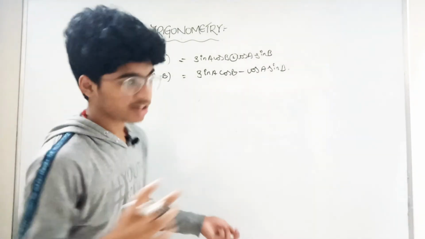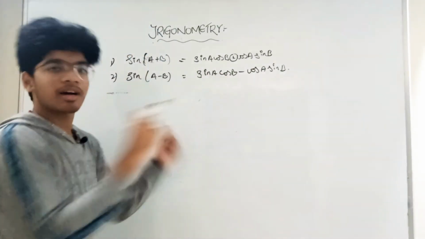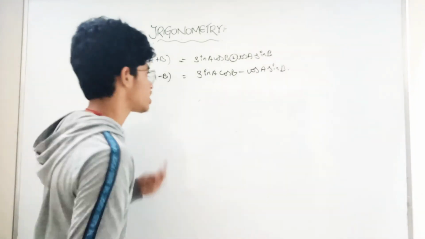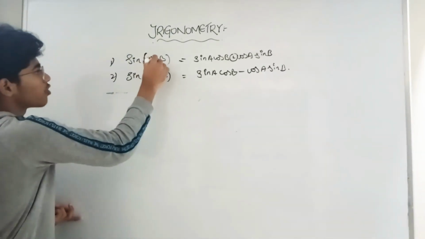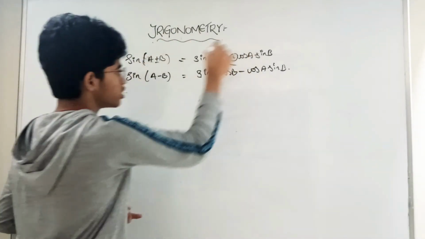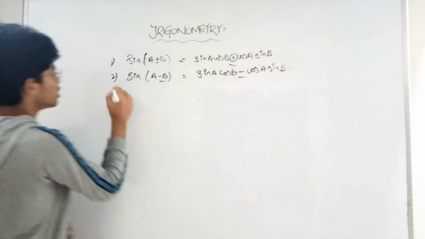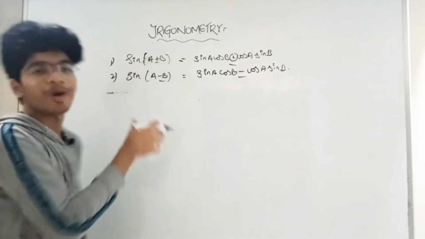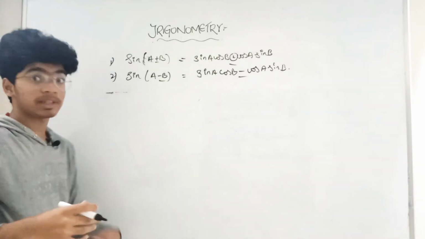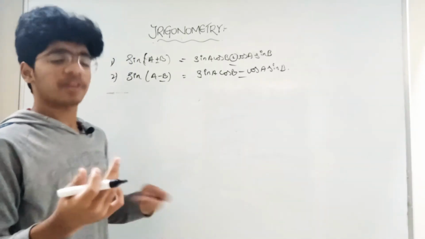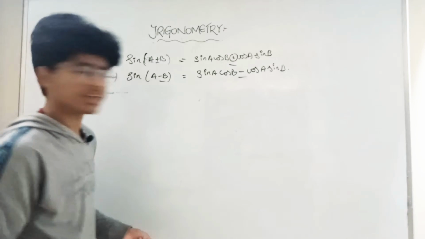It's a lot to remember, I know, but it will come naturally if you start practicing problems. When it's sine of A plus B, the sign is positive, and when it's sine of A minus B, the sign is negative. Those are the two compound angles, but we have a plus b plus c also, which is a bit more advanced. We'll see it in further videos.